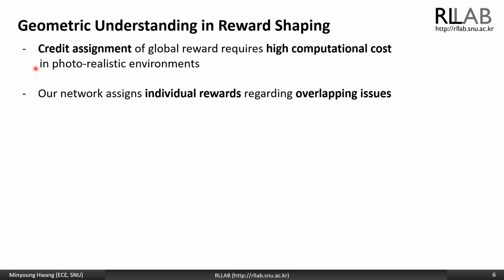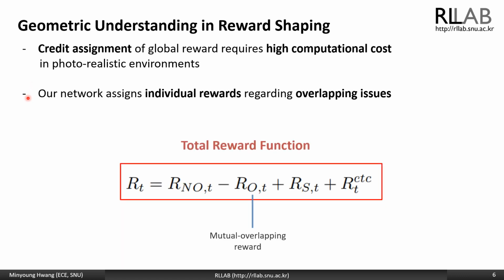Prior studies about multi-agent reward shaping suggest that reward shaping methodologies have the potential of improving learning speed and performance, and therefore we designed mutual overlapping and self-overlapping rewards to reduce the overlapping issues. The total reward function we proposed is described as this equation. Now, let's look at how we designed the mutual overlapping and self-overlapping rewards.